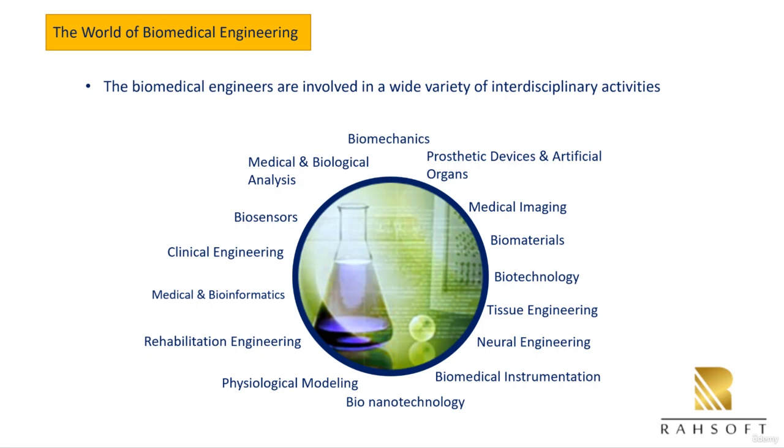Going on to the next thing, prosthetic devices and artificial organs. Biomechanics actually plays a role within this section because you're mainly looking at how these devices and organs are going to fit in within the body, and if they can, then how are they going to interact with that environment, and if they have enough power and durability with them to withstand certain types of forces and other types of interactions.